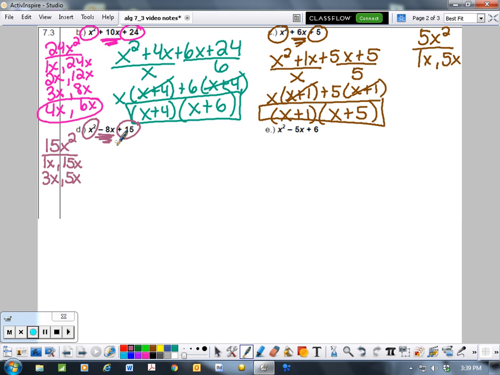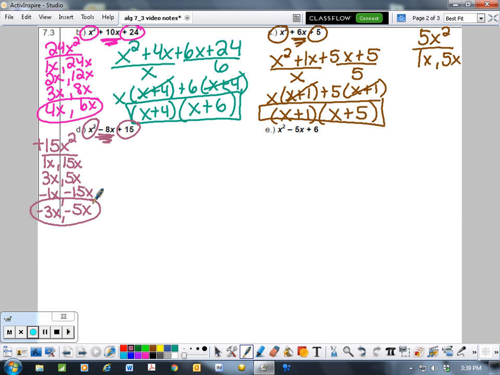Well, none of them add to be negative 8x, which means that really I forgot some factors. And what I forgot was my negative factors. So if this is a positive number, I actually have options of negative 1x and negative 15x, a negative 3x, and a negative 5x. So now when I start including those negative factors, now I can find the correct numbers, negative 3x and negative 5x.